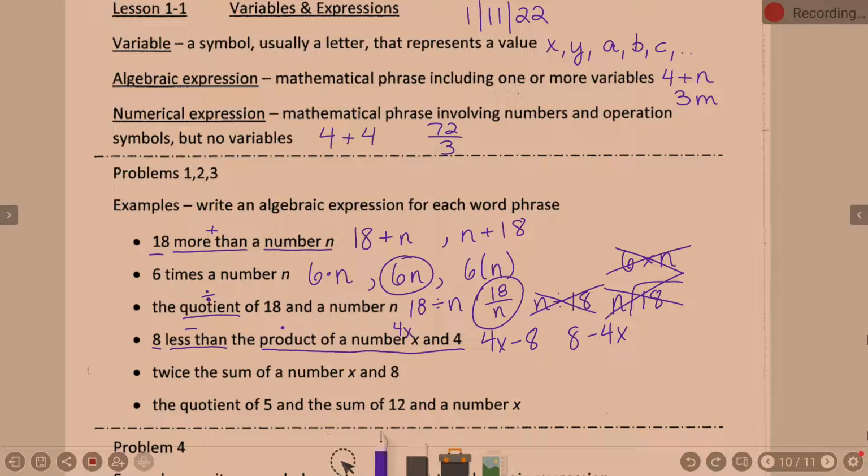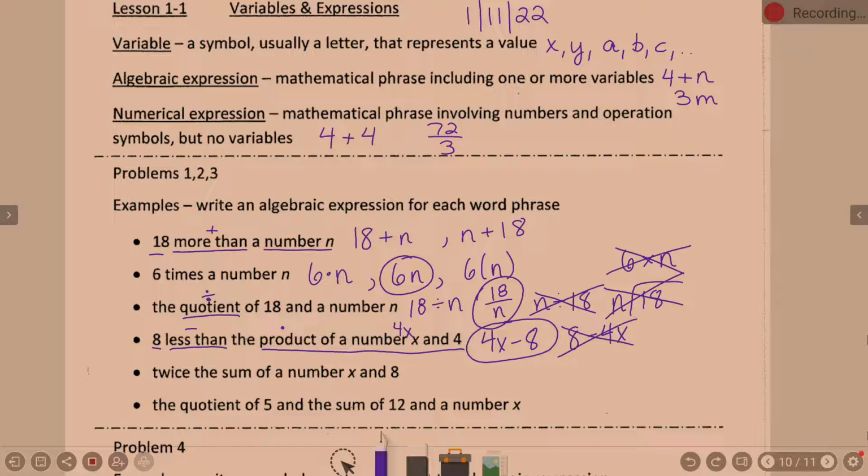If it's 8 less than something, let me ask you this. What if it said 8 less than 50? What would you do to find 8 less than 50? You'd do 50 minus 8, right? So since this says 8 less than 4x, we're going to do 4x minus 8.